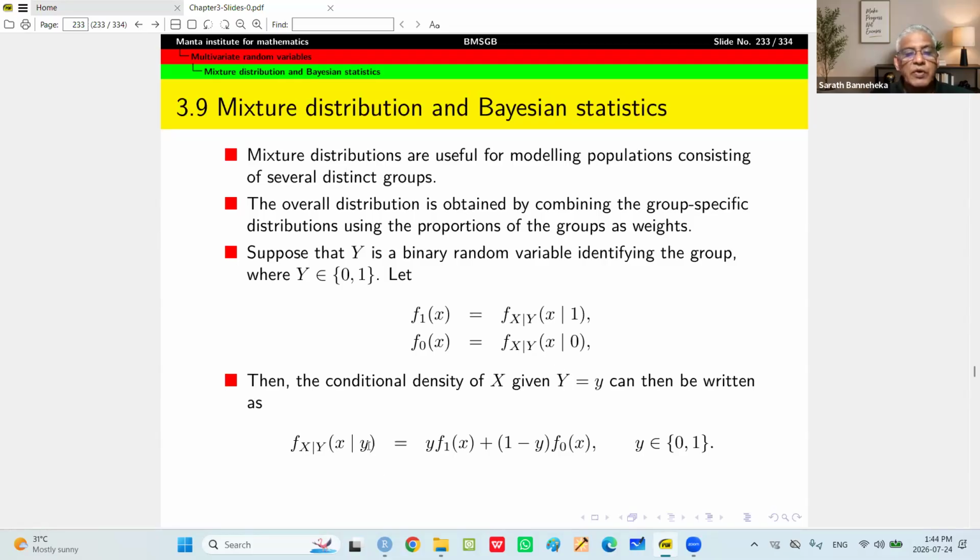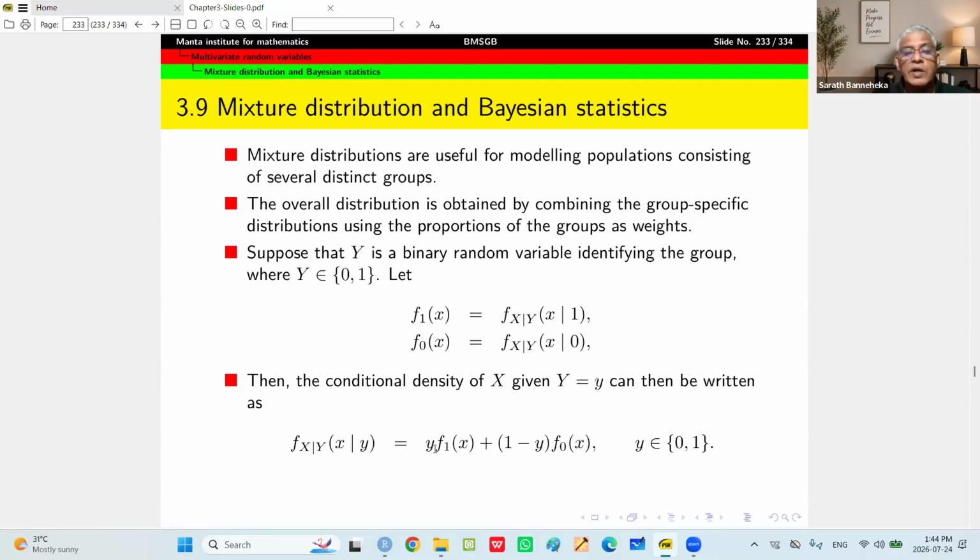For example, the values that y can take are 0 and 1 in this case. So if y is equal to 0, this part will be 0, and this part will be 1 minus 0 times f0(x). So that is the same as this one, right? So that is f(x given y equal to 0). And similarly, f(x given y equal to 1) will be equal to 1 times f1(x) plus 0 times the other part, so that part will disappear.